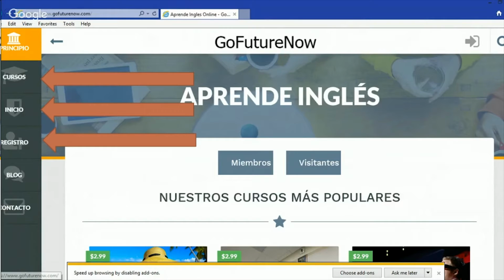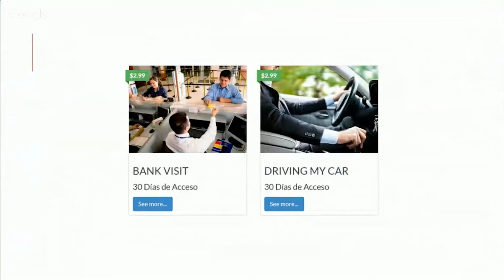I'm going to show you a few of the courses today, and tell you around what level they are, even though I think you should try all of them. It doesn't matter if you're advanced. You're going to learn something from every single one because there's a lot of vocabulary there. But for advanced people who want a challenge, there are 2 courses you can try: Bank visit and Driving my car.